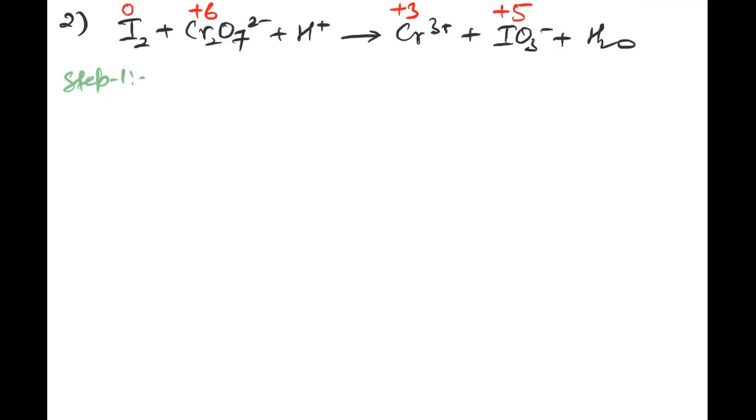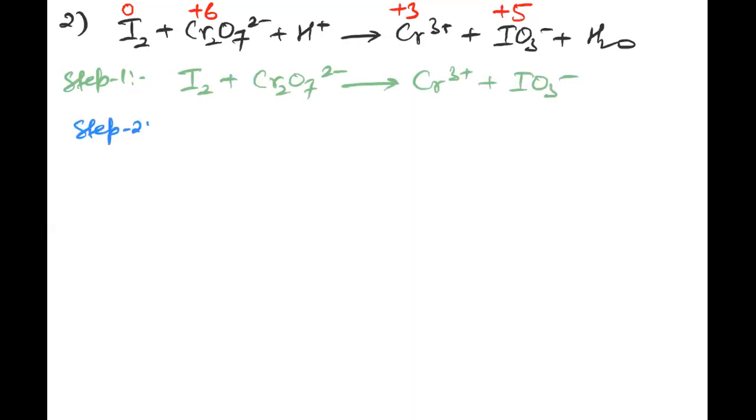So as per step 1, I2 can convert into IO3 minus, or the overall reaction I2 plus Cr2O7 2 minus is converting to chromium 3 plus and IO3 minus. This is the step 1 for the reaction.